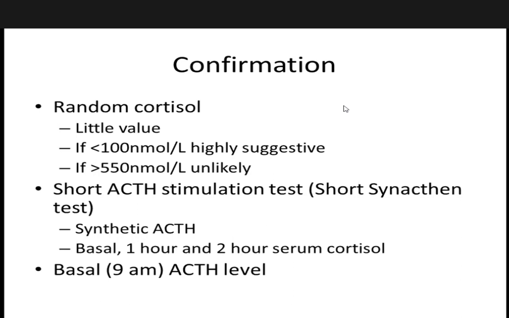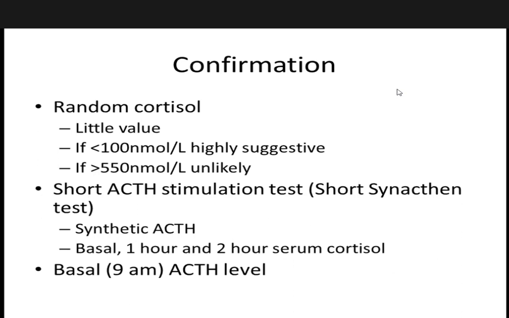Any questions about that? Clear? That you should know. If you are given an investigation result, you should be able to interpret it if you are given the normal values, right?